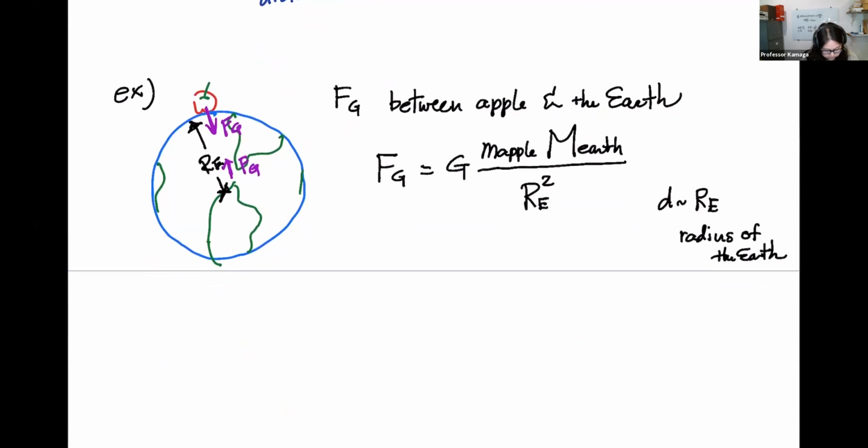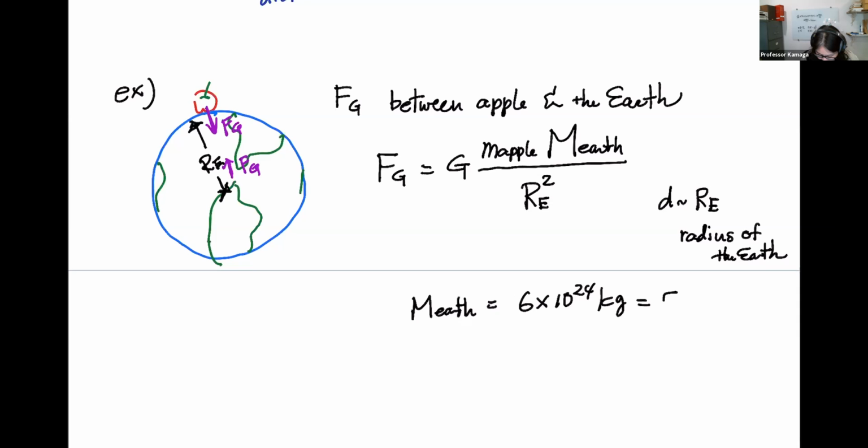Let's put a value in. We know the mass of the Earth. So the mass of the Earth equals 6 times 10 to the 24 kilogram.